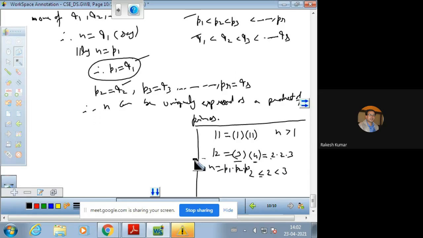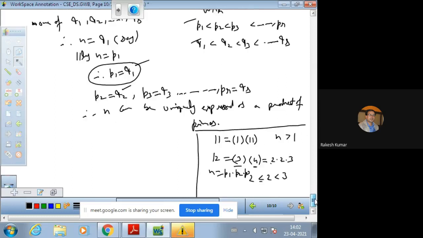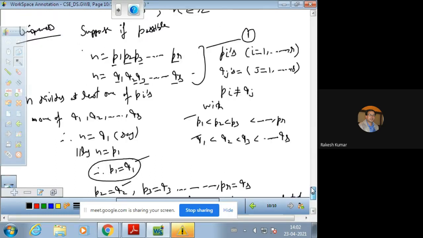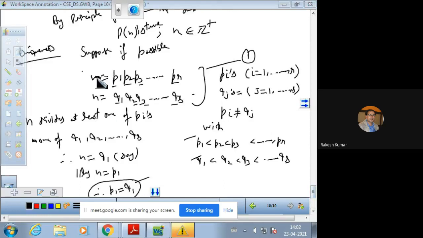It means every integer can be uniquely expressed like this. If we take this same integer 12, it cannot be written in any other way. So that is why uniqueness has been proved. And uniqueness is obvious, because even if we write it another way, suppose if possible, they will come out equal.